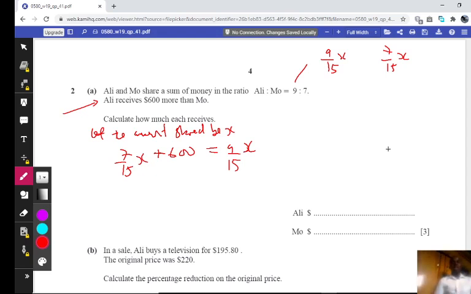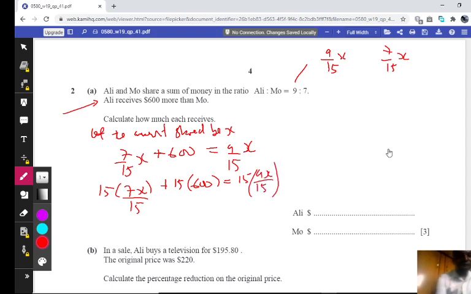You multiply by the lowest common multiple of the denominators, which means multiply everything by 15 here. 7x over 15 plus 15 times 600 is equal to 15 times 9x over 15. So the 15s will cancel out.